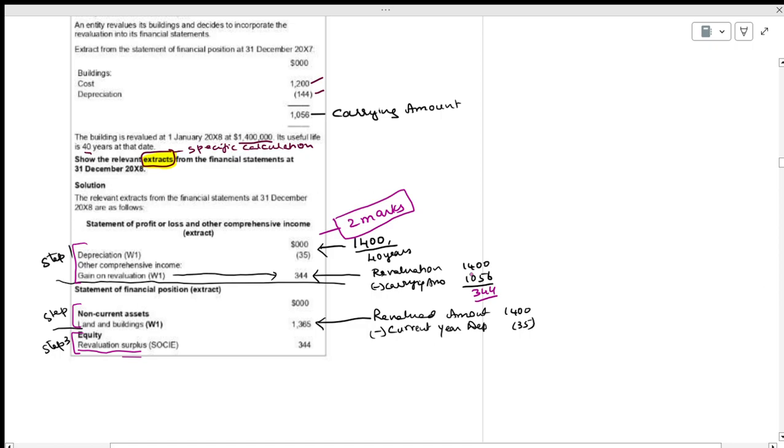Step 1, step 2, step 3. It means we show where we can post the entry, and how it will be reflected in the income statement and balance sheet. All right, clear.